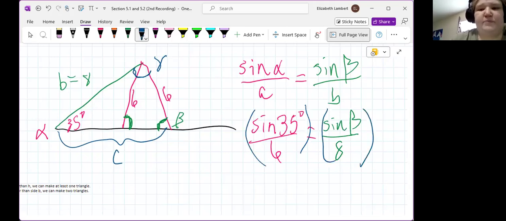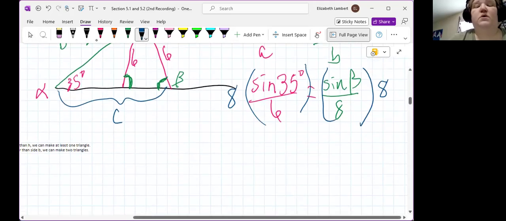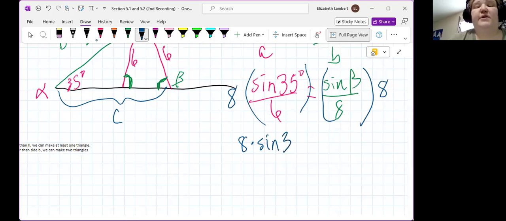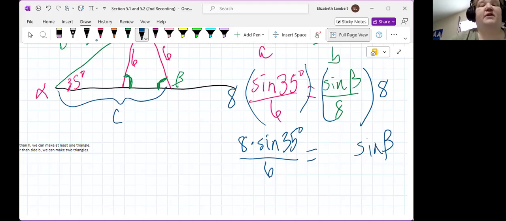But I'm trying to get sine of beta by itself, so I'm going to multiply by 8 on both sides. So we have 8 times the sine of 35 over 6. This is equal to the sine of beta.